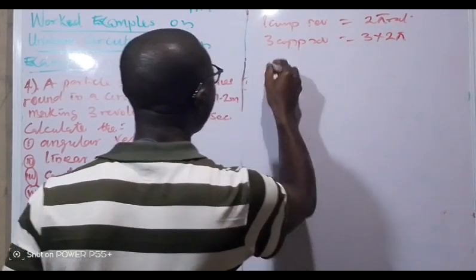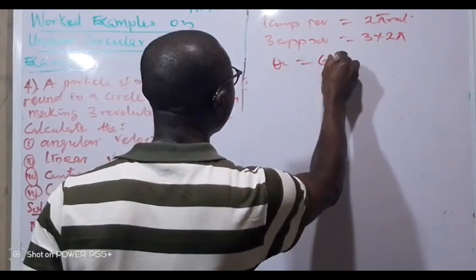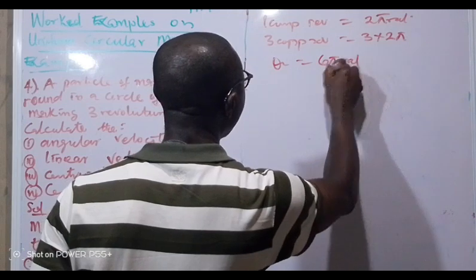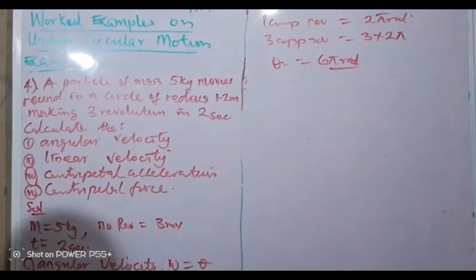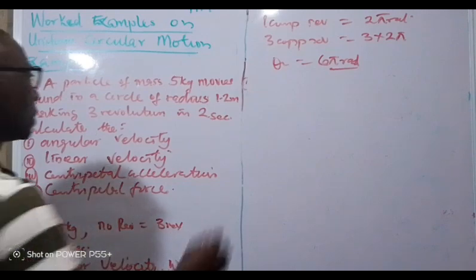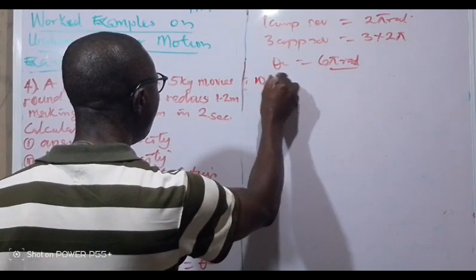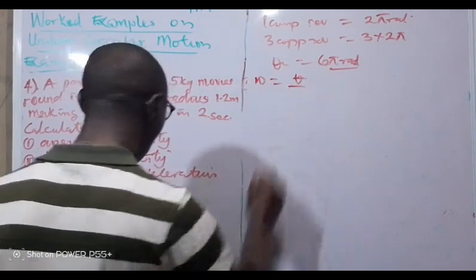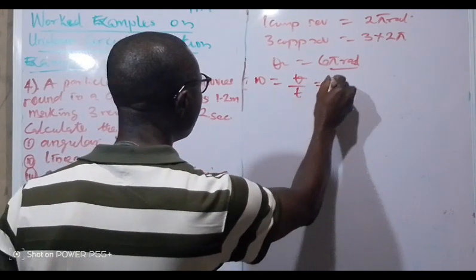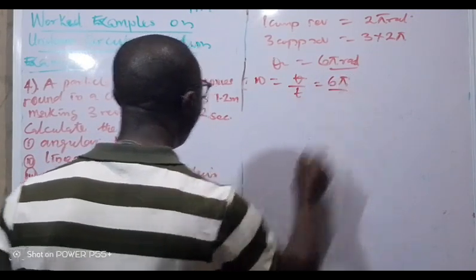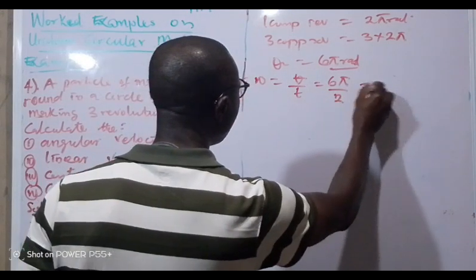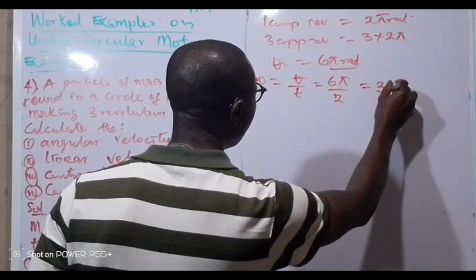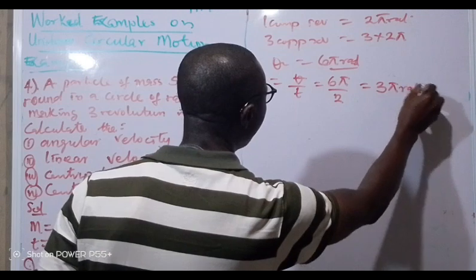So our theta is equal to 6 pi rad. Since we know the value of theta now, omega is equal to theta over t. That will be 6 pi over the time taken, which is 2 seconds. That will give us 3 pi rad per second.